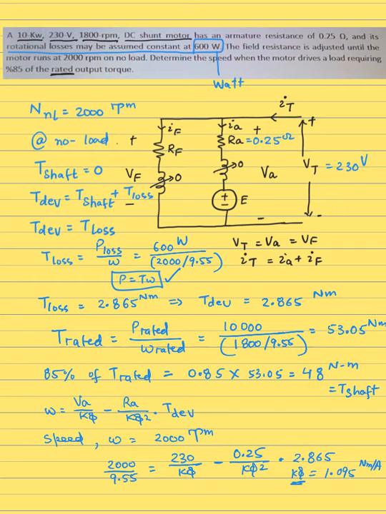Now we know K phi, and we can calculate this omega for this situation. Okay, so let's see what we gotta do now. One situation is the speed is 2000 RPM, and since I wrote omega, I'll just say it's in radians per second, and here you have the developed torque equal to the loss torque only.